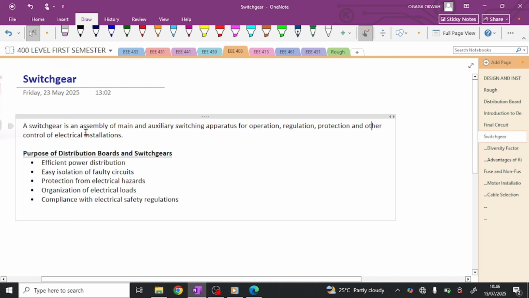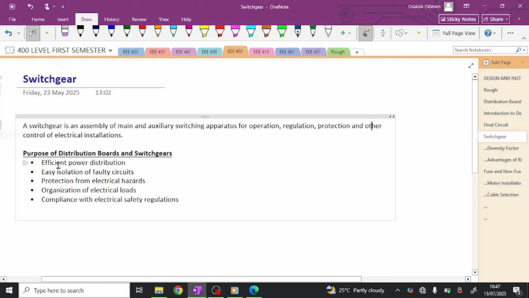Everything that has to do with the main and auxiliary switching apparatus for operation, regulation, protection and other control of electrical installation, that assembly makes the switchgear. Are we together? The entire distribution board and its connection, your breaker that gives power to your distribution board, all put together, makes your switchgear.